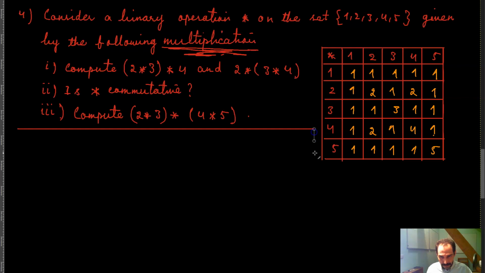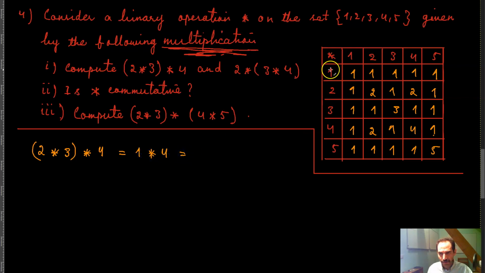So to solve the problem, what you can do is, to calculate, for example, 2 star 3 star 4, you can write it as 2 star 3, which is equal to 1. So that is 1 star 4, which is equal to 1.